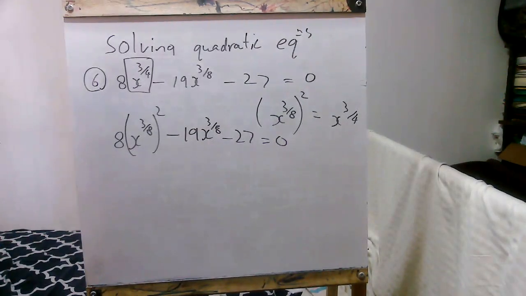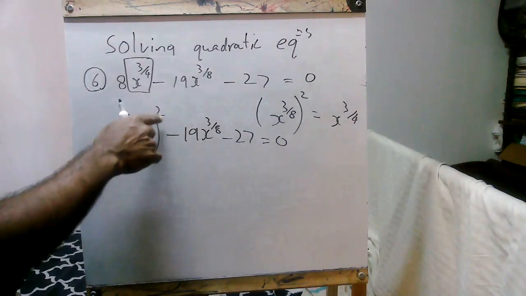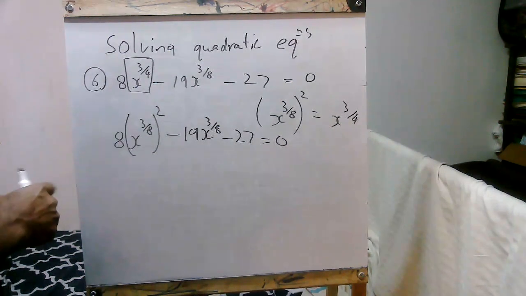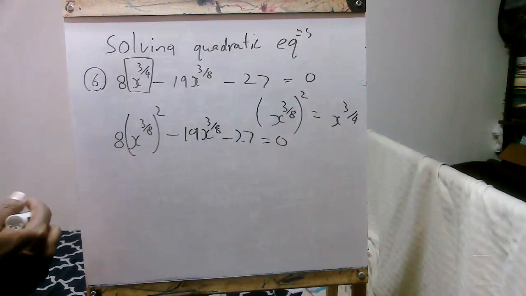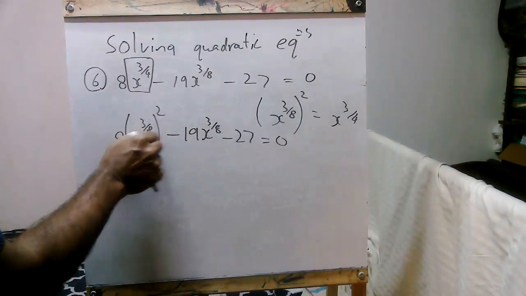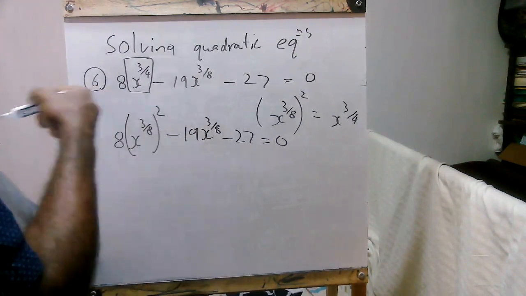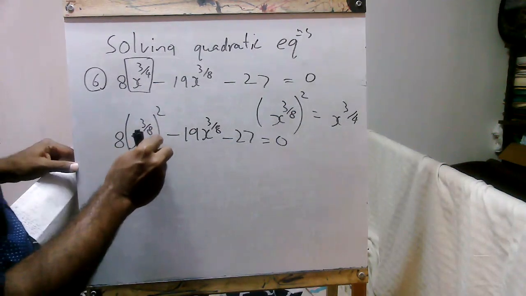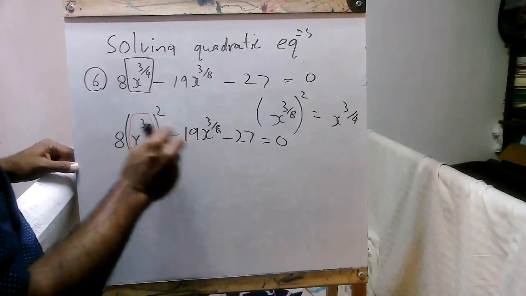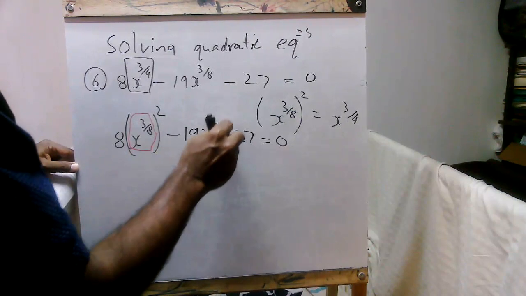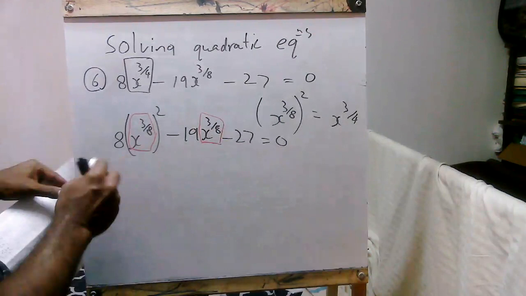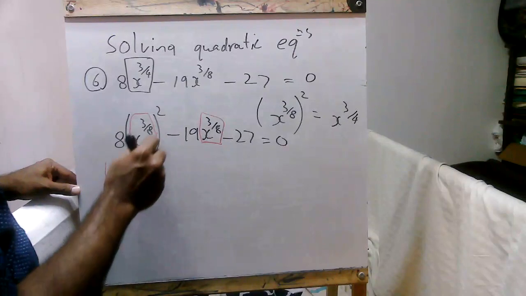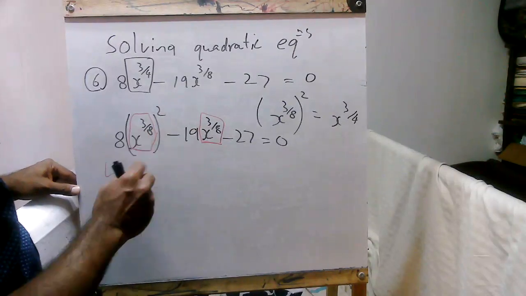Get it? It means if you square this, 2 goes into 8 4 times, we get 3 over 4, which is this one. Right? Then we see the same thing here and here. Let's use a different letter for this term, x to the power 3 over 8.